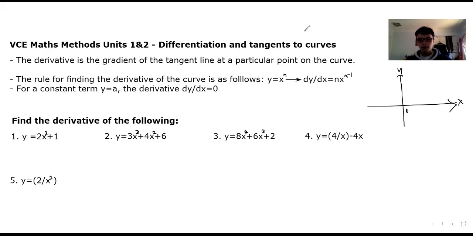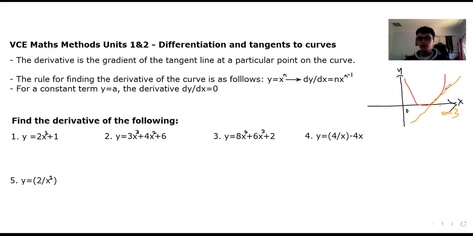Let's say that we have this original curve, which is a parabola, and then we have a tangent at this point here. So let's say that x equals 3, for instance. That's going to be the tangent at x equals 3.